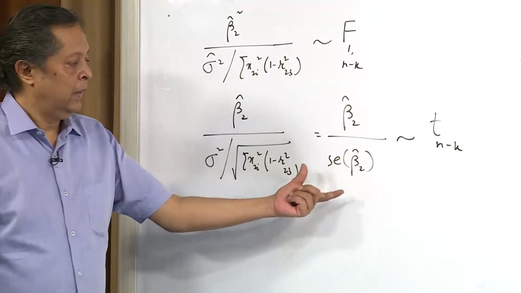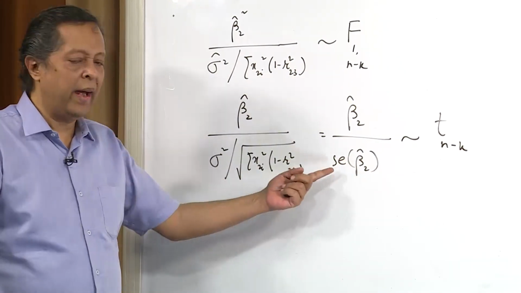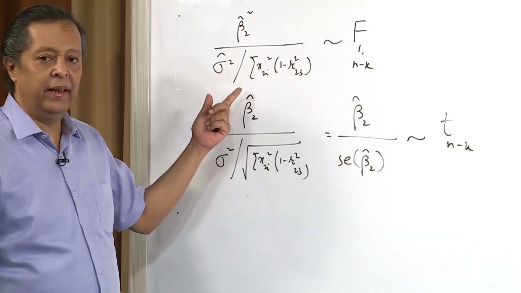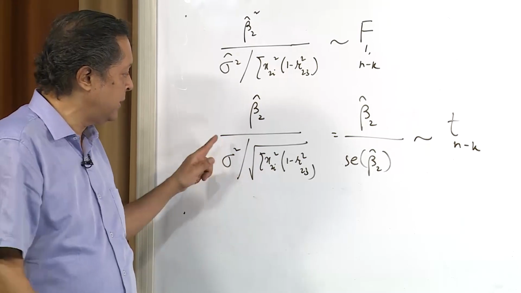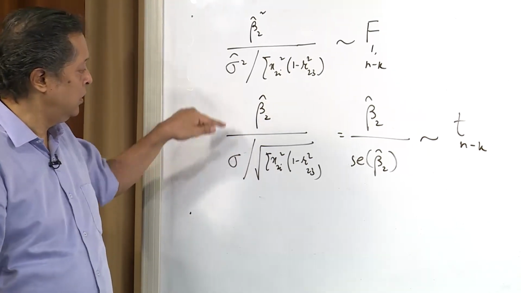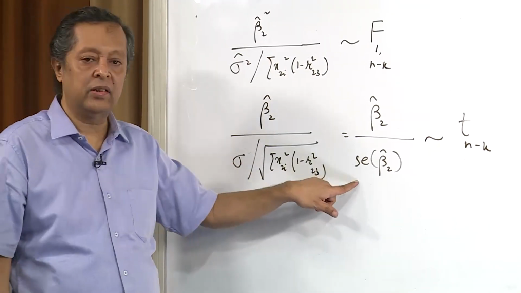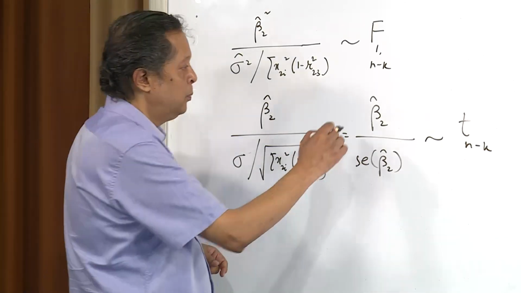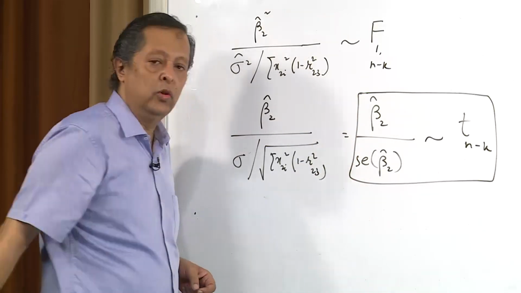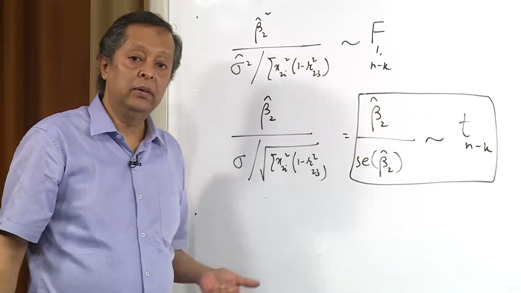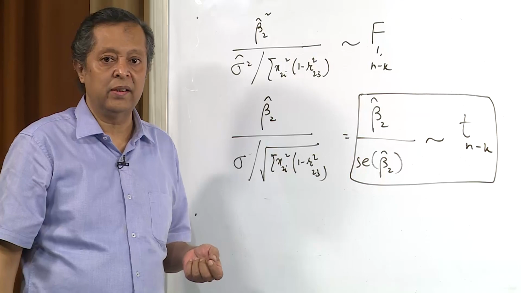So, that is the standard form. The square root of the estimated variance of beta 2 hat is called the standard error. So, please remember this form, which will be very useful while carrying out other tests of hypothesis as well.